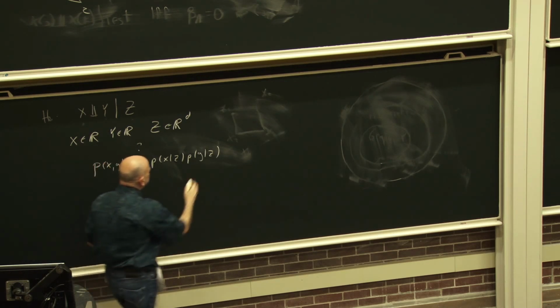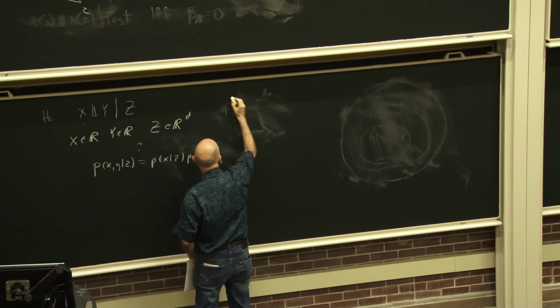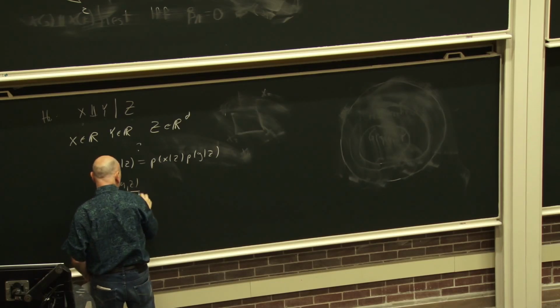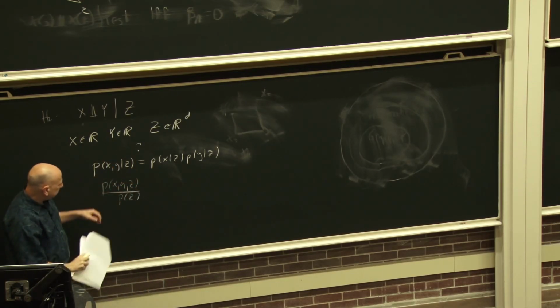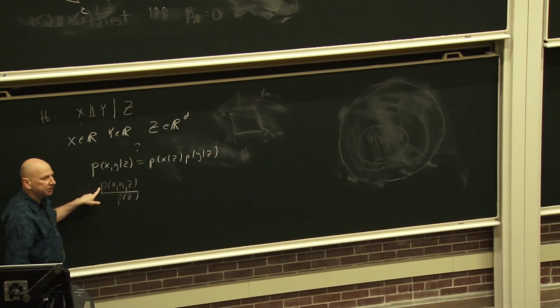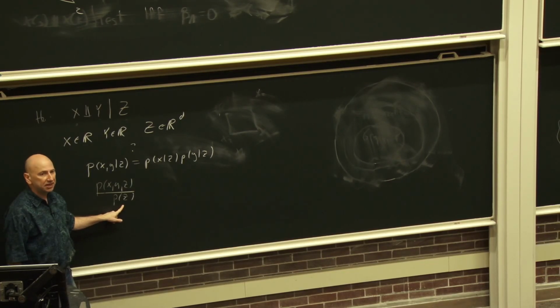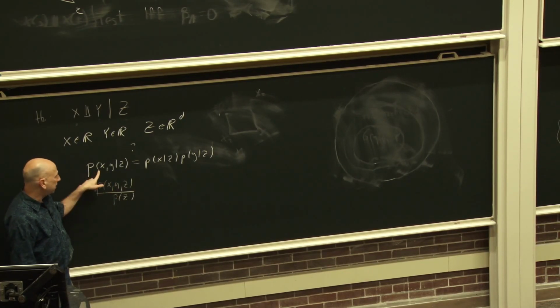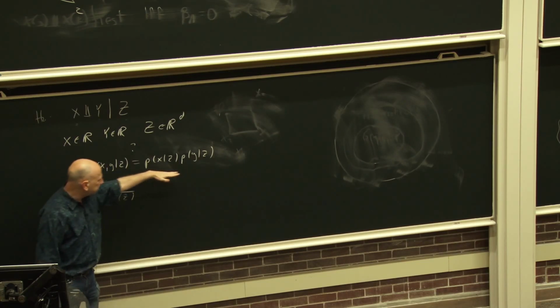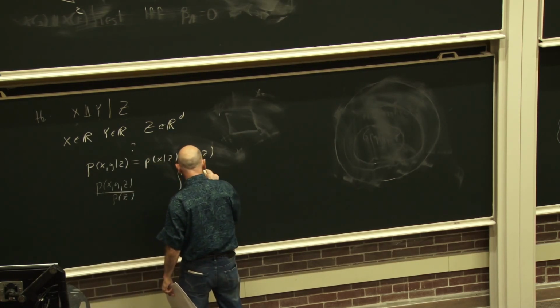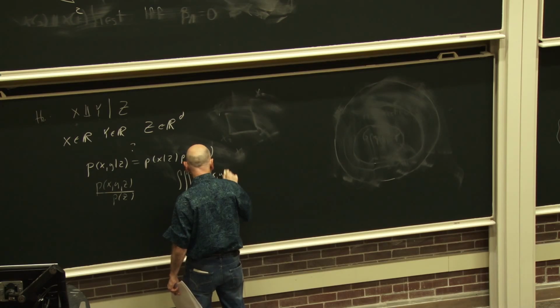After all, we can always rewrite these: this is p(x, y, z) over p(z), and so on. If I have a density estimate for the joint density, I can always integrate out x and y, and that gives me a density estimate for p(z). I can take the ratio, and then I have a density estimate for this. And similarly here. So I could just make up some statistic that compares these things.